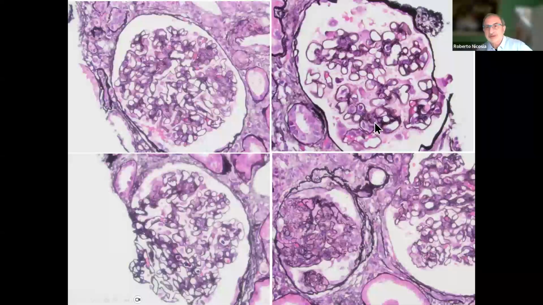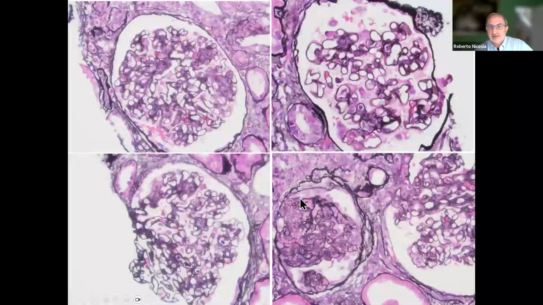Some of the capillary loops are partially obliterated by circulating nucleated cells or swollen endothelial cells. Some of the capillary loops have an expanded subendothelial space, and there may be even some segmental thickening and duplication of the basement membranes.